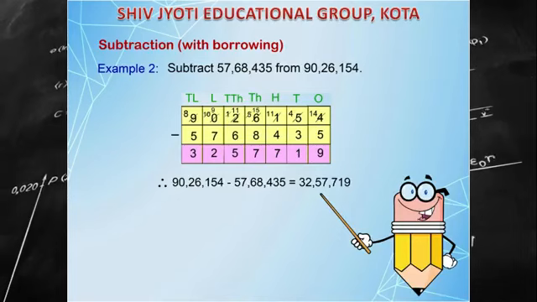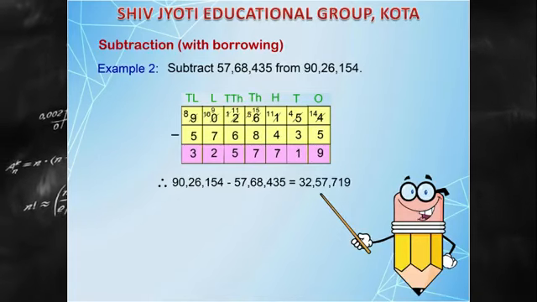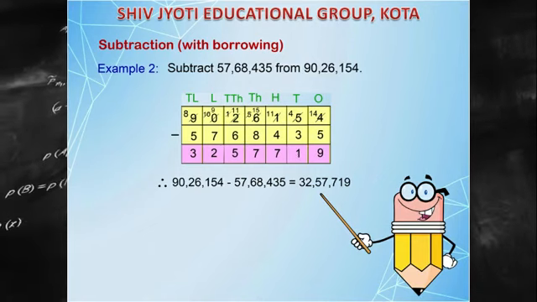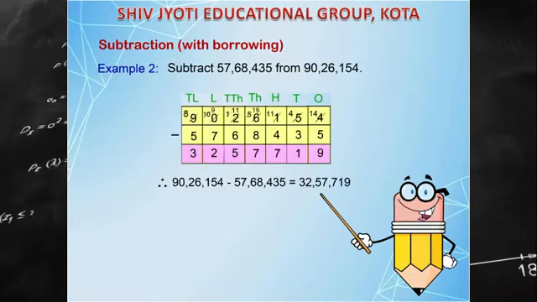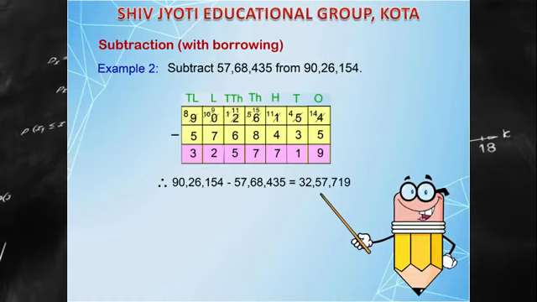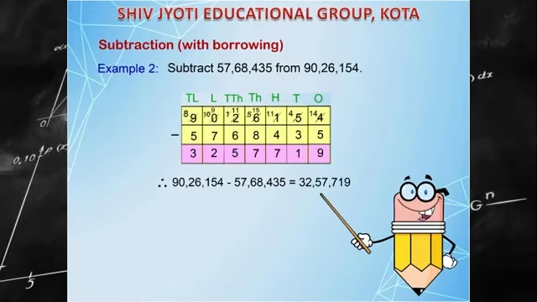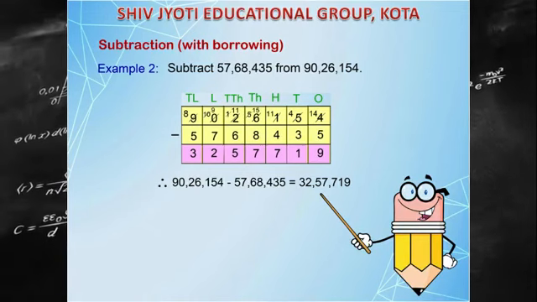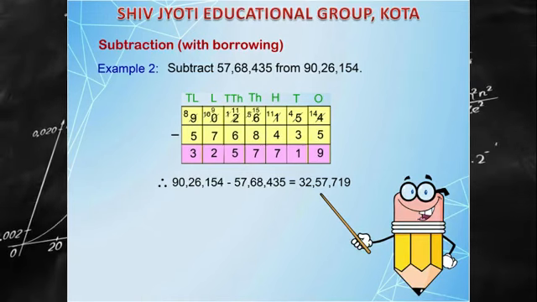And at thousands place 6 minus 8 is not possible. Then we will borrow from 10,000s place. So at 10,000 place 2 will become 1 and at thousands place 6 will become 15. Next, at 10,000s place 2 minus 6 is not possible. Then we will borrow from 10 lakhs place.